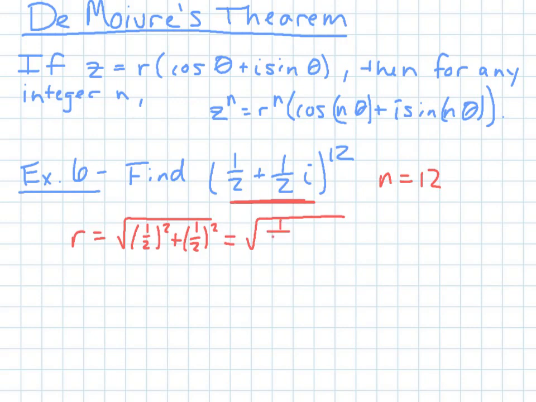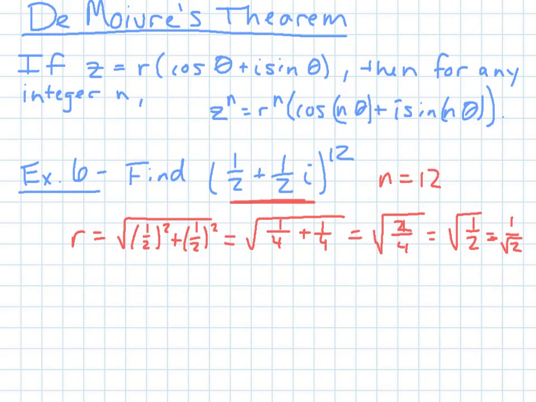That gives me 1/4 plus 1/4, which gives me 2/4. Let's reduce, so that gets you 1/2. So the square root of 1 is 1, square root of 2 is just square root of 2. So that would be my r value.